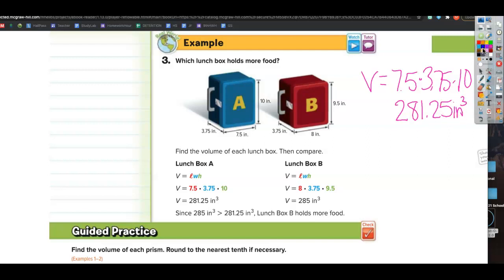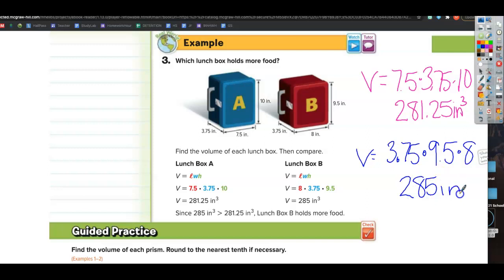And what would you write for the volume of box B, Trey? 3.75, is that what you said? Times what? Good, and what would you get for volume? So then, Damien, what is going to be my final answer?